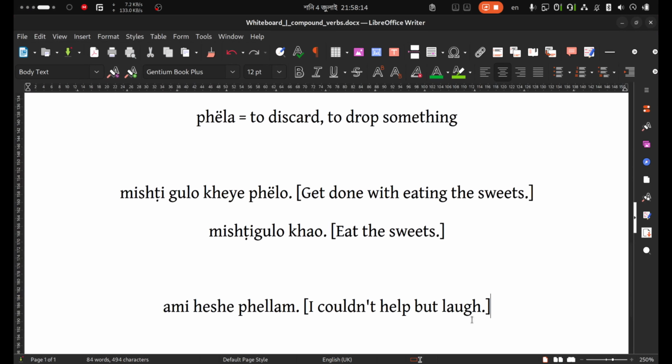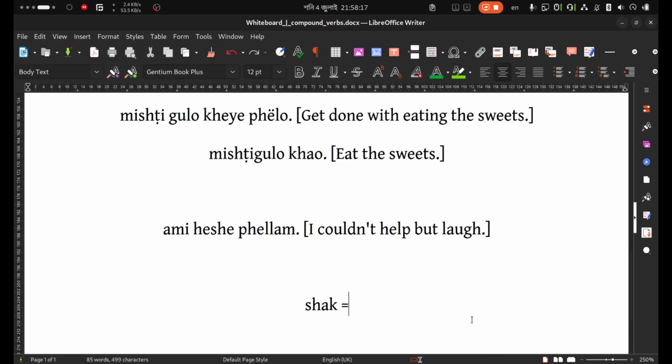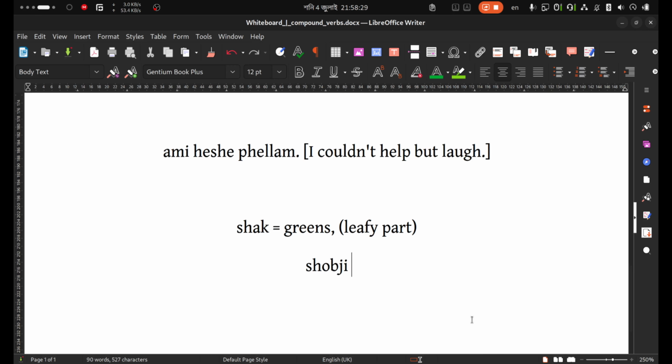Okay, let's go on a tangent. Shakshobji. Shak means greens, actually the leafy part of vegetables, and shobji simply means vegetables. But if you say them together, shak shobji, that would make it obvious that it is plural.